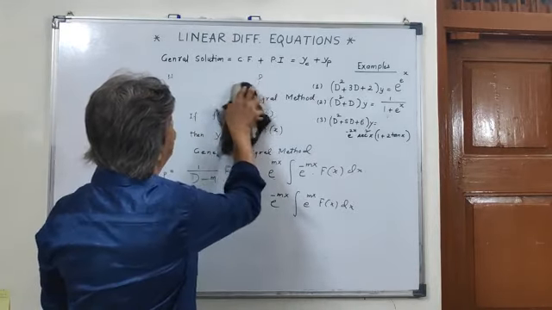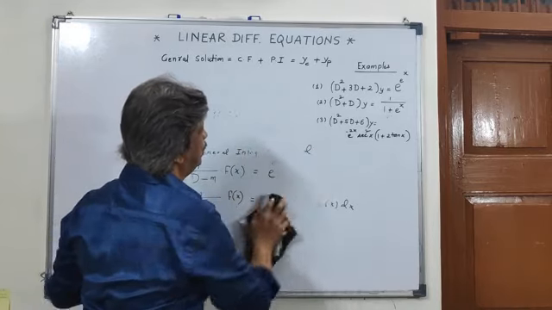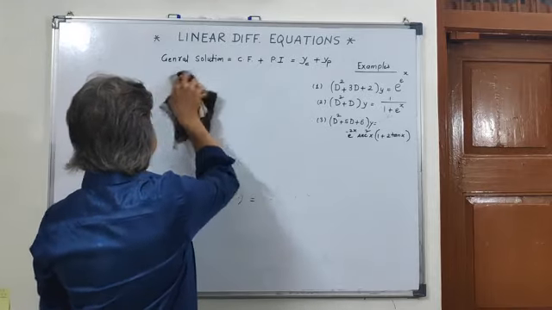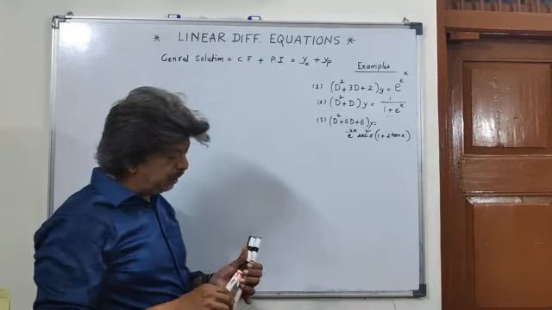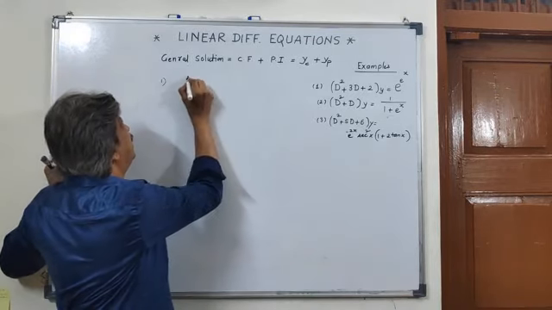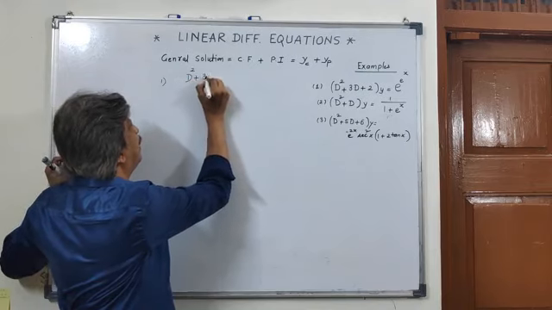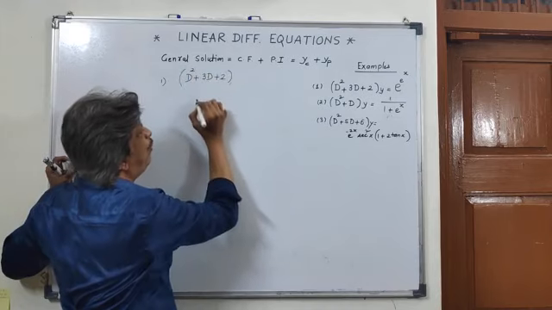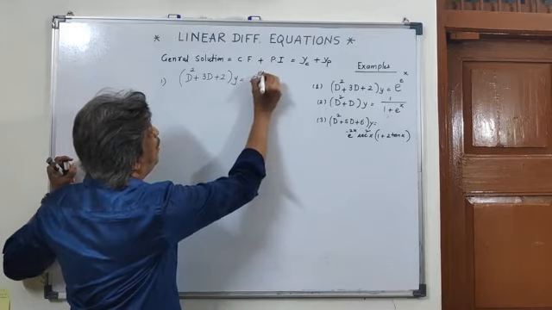Let us discuss the first example. It is the linear differential equation D square plus 3D plus 2, this is f of D, into y, equal to e to the power x.